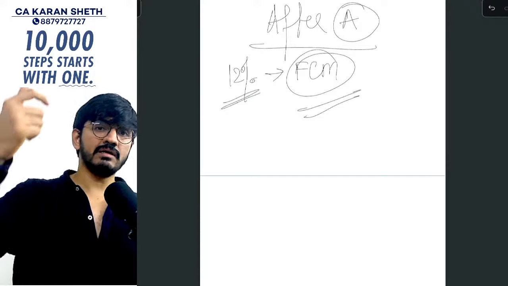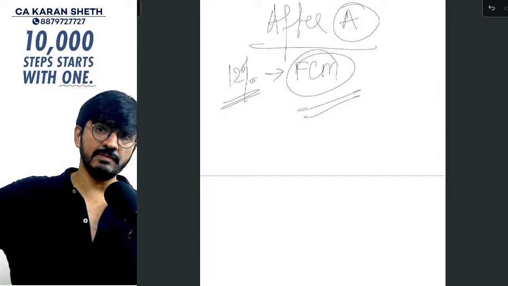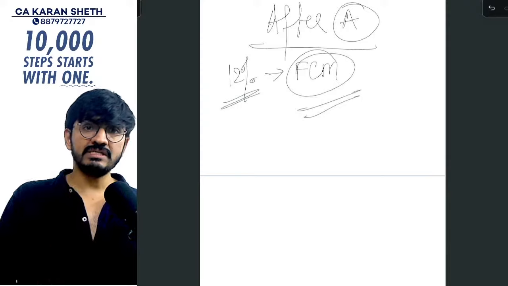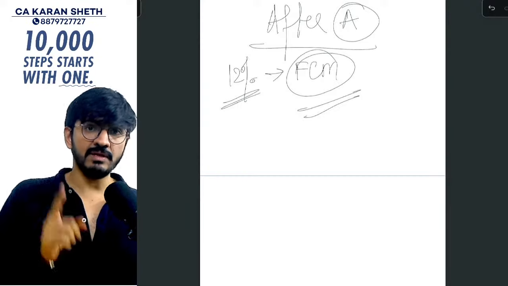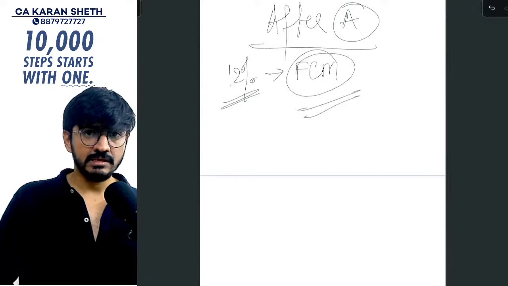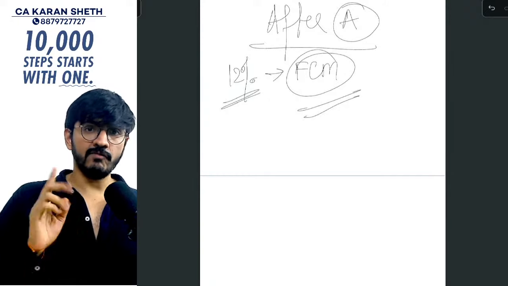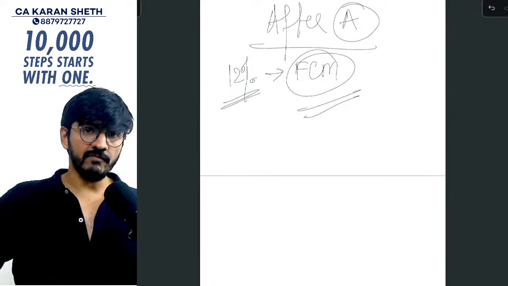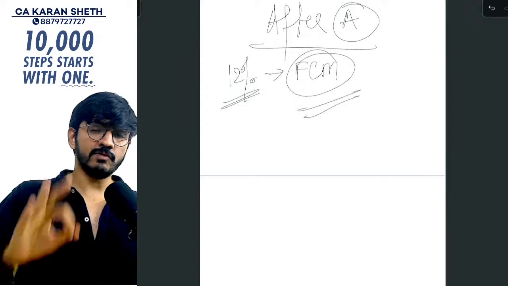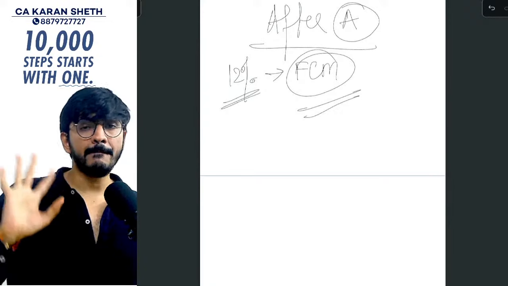Now he cannot say to someone that, okay, this is FCM, this is RCM. Once he wants to take as per FCM, he will have to write a request. That request will be granted, and from that onwards, at least for 1 year, he will have to keep on paying taxes per FCM.